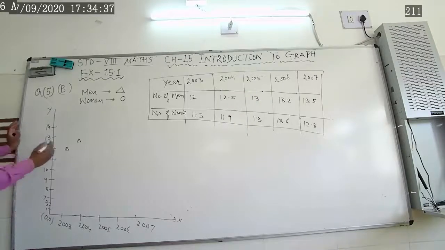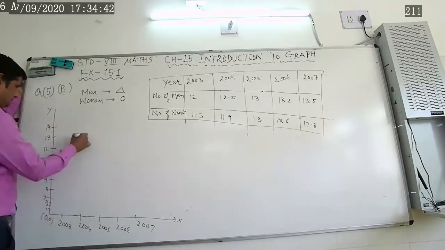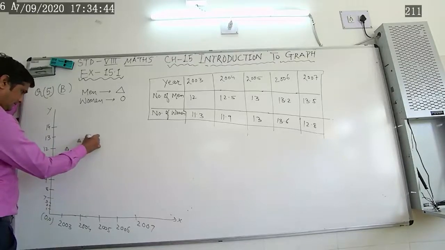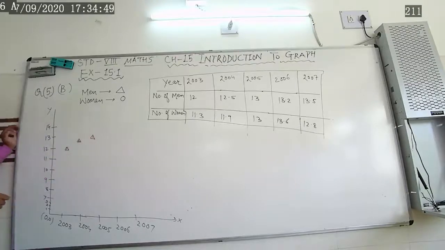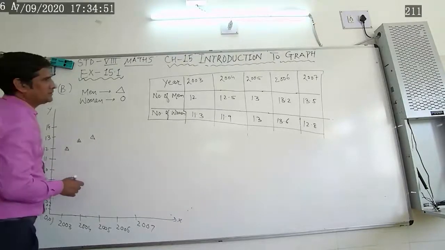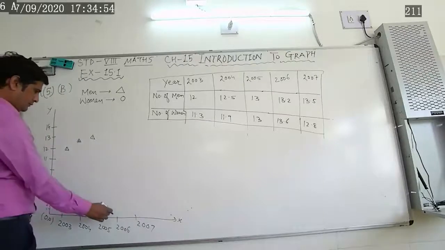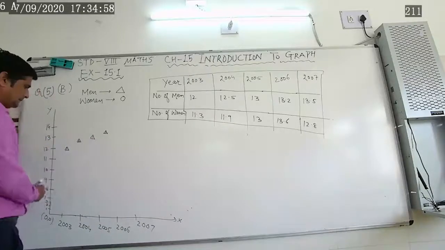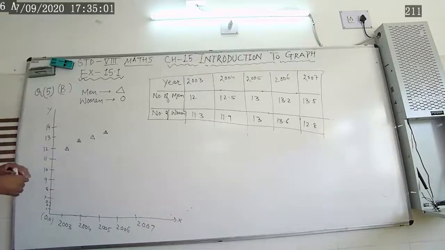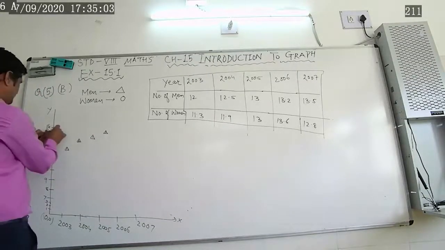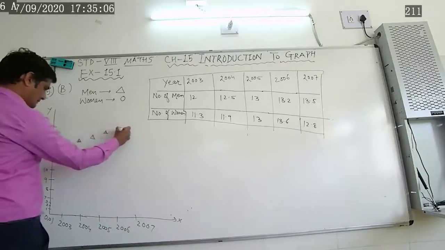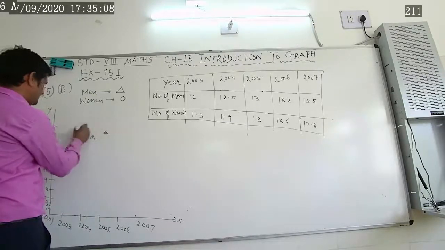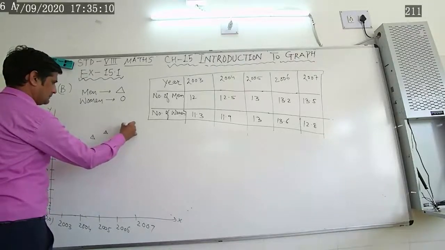Then 2005, 13. 2006, 13.2. 2007, 13.5. This way.